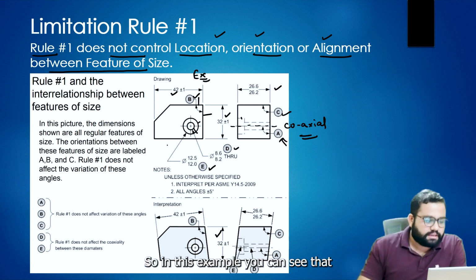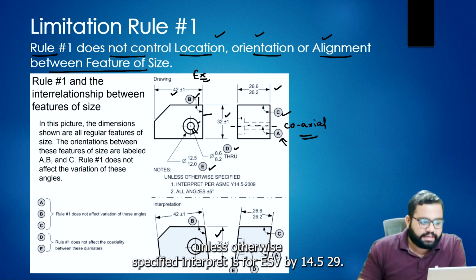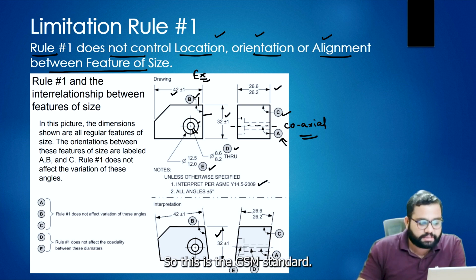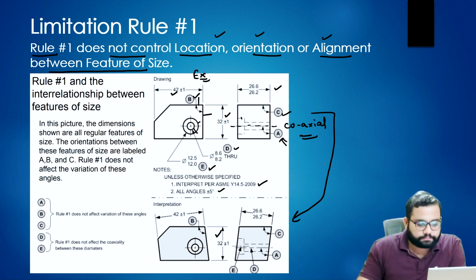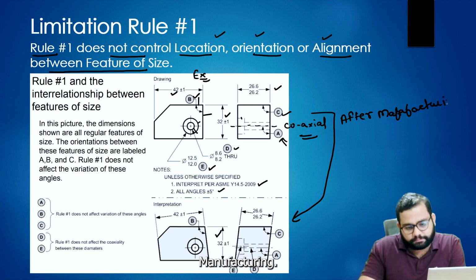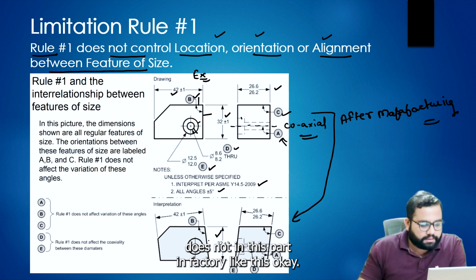In this example you can see that unless otherwise specified, interpret as per ASME Y14.5 2009. This is the ASME standard, all angles plus minus 5 degrees. Now, after manufacturing this part, the part is manufactured like this.